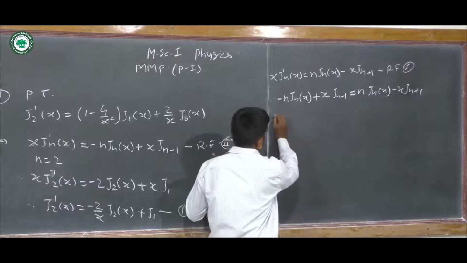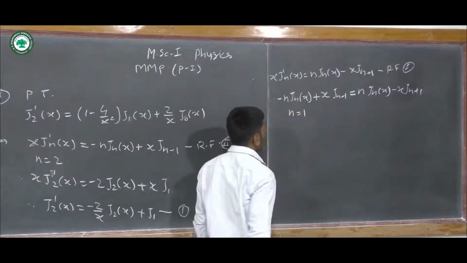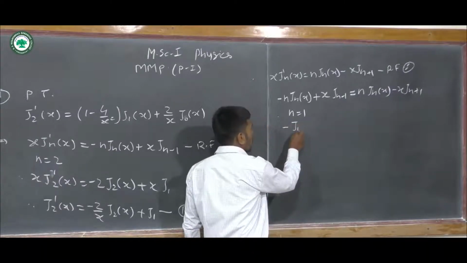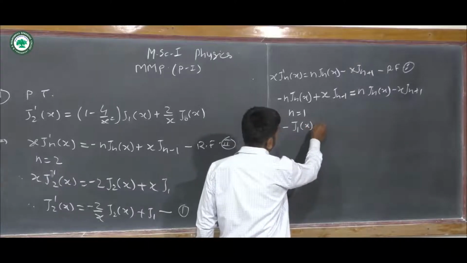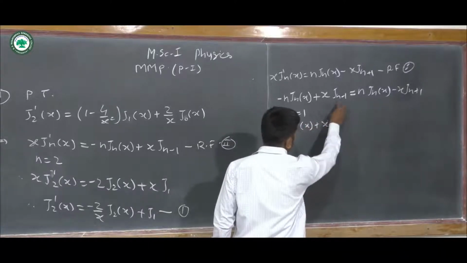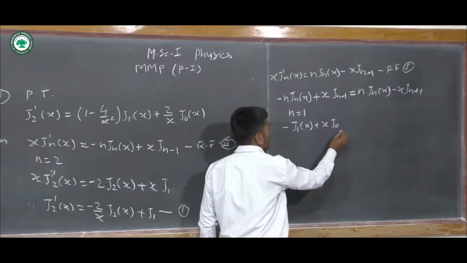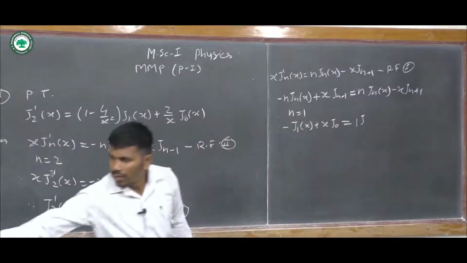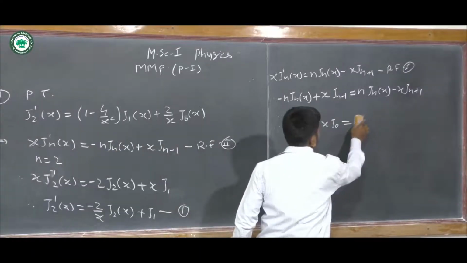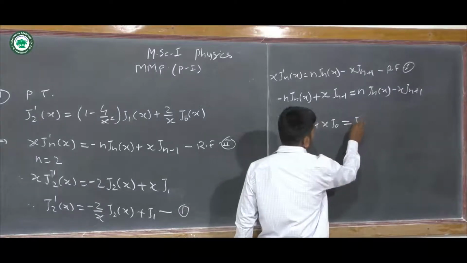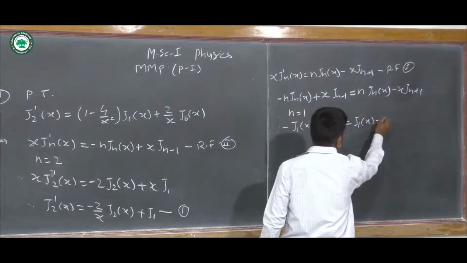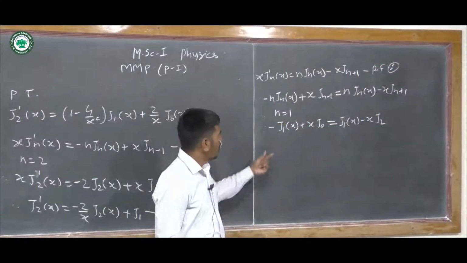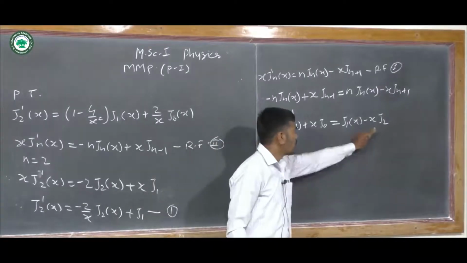Here I am going to put n is equal to 1, so this expression becomes minus J1 function of x plus x into J1 minus 1, so it is J naught, is equal to J1 function of x minus x into J2. Okay, so from this we can find J2.